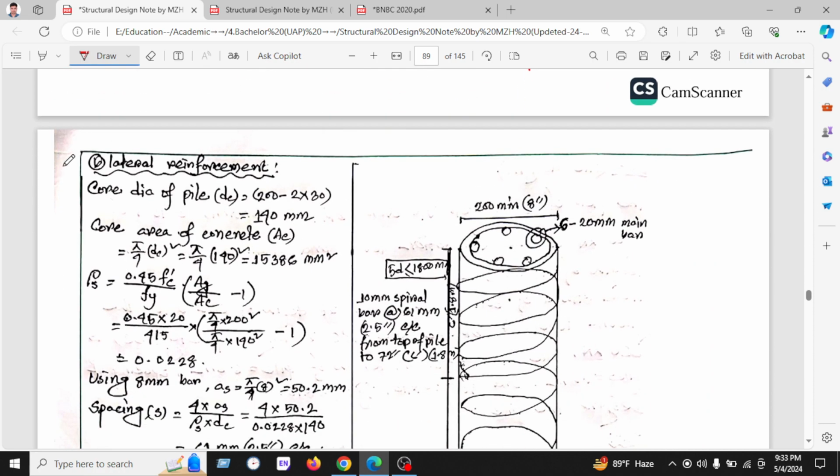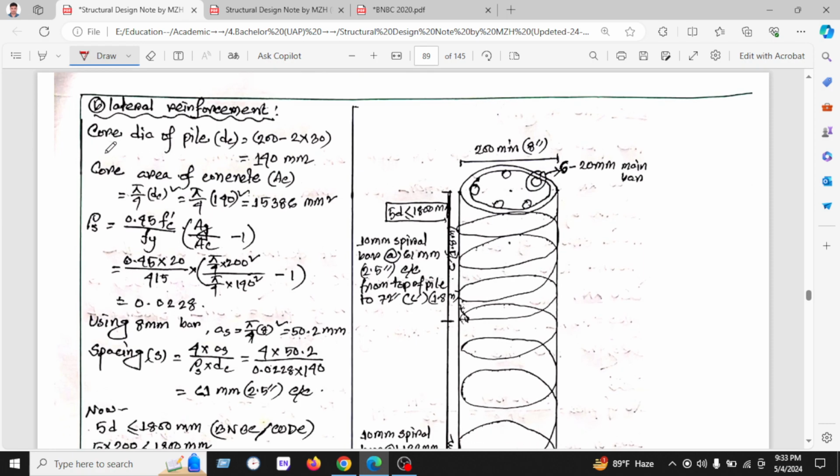So now we will go to lateral reinforcement. We know the core dia of pile: we have 200 minus 2 into 30, where 30 is the clear cover on each of the two sides. Sorry for the figure.